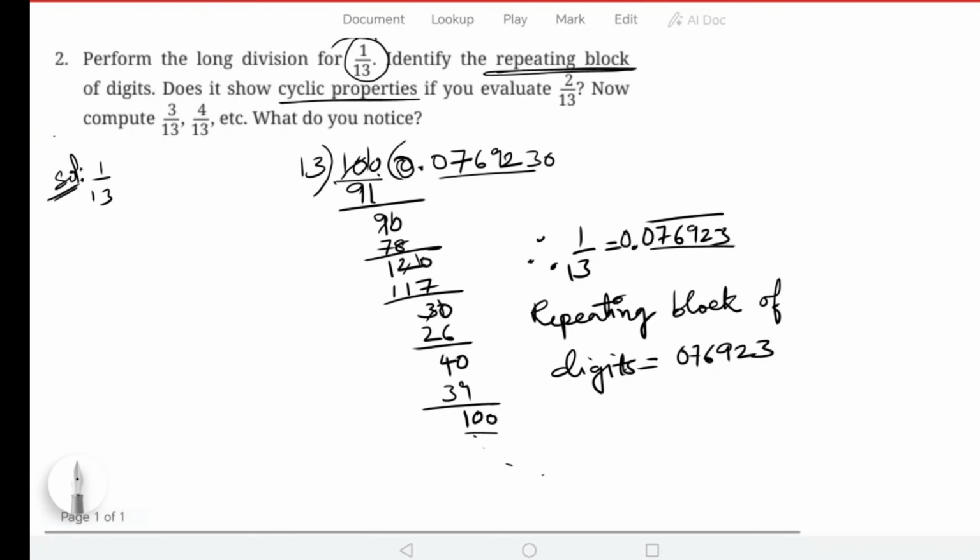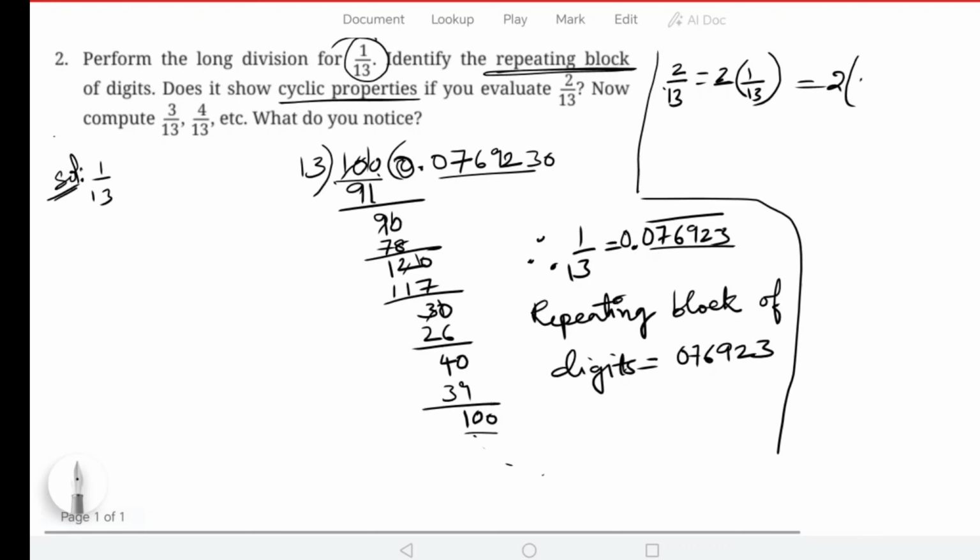Okay, if we are doing 2 by 13, what do we get? Let us see. 2 by 13 is equal to 2 into 1 by 13, that is 2 into 0.076923.